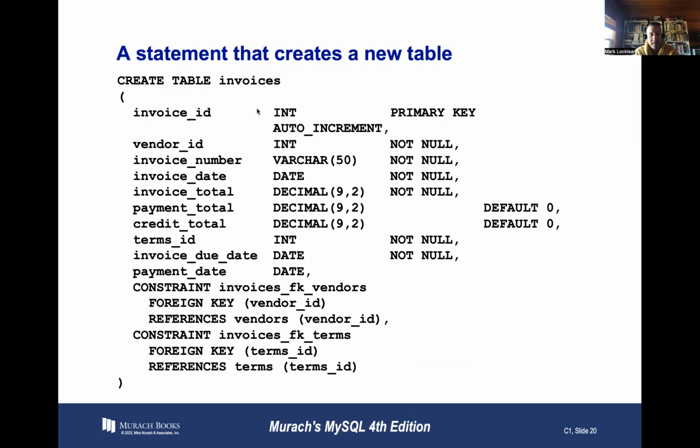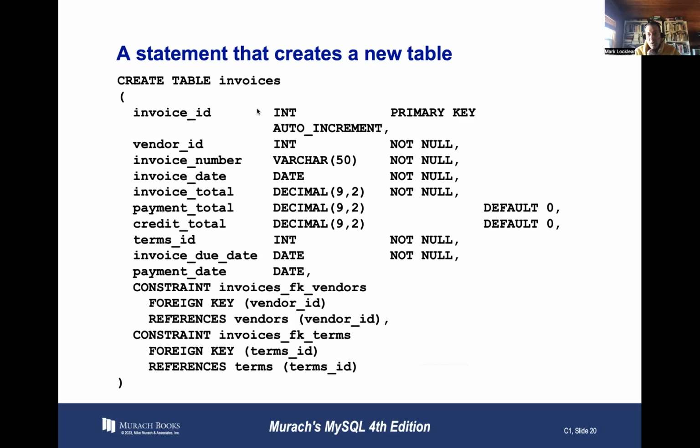You can see some of these are ints, some of these are varchar. Notice the varchar 50 here. That means that field, invoice number, is a varchar 50. That means it can handle up to 50 characters, and characters are basically strings, so it could be any combination of numbers, letters, and I think you can use special characters if you want to.